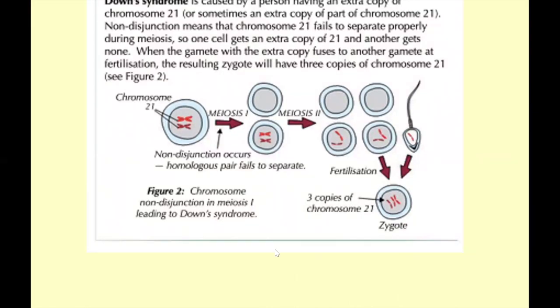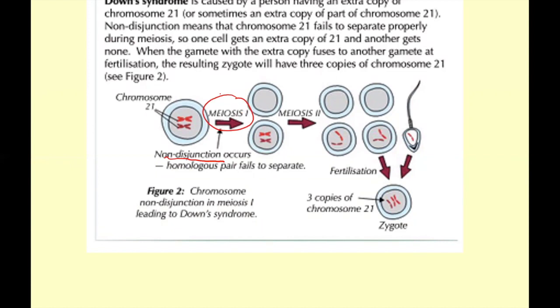So another type of mutation that does occur is problems in mitosis or meiosis with the process itself. So let's look at this one. This is Down syndrome here. Looking at this briefly, we've got something called non-disjunction occurring in meiosis 1.